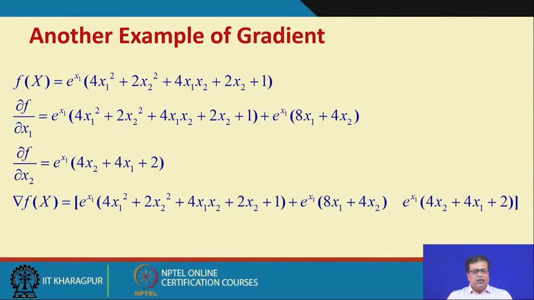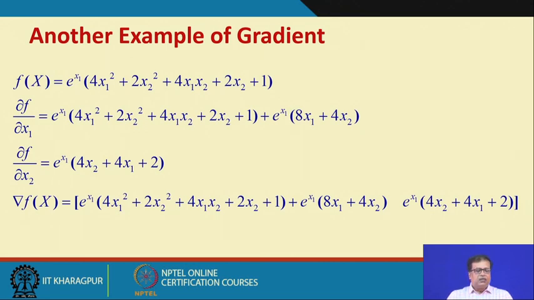So, another example. This example is slightly more complex, because we have an e term. That is f of x is e to the power x 1 and within brackets 4 x 1 whole square plus 2 x 2 whole square plus 4 x 1 x 2 plus 2 x 2 plus 1.